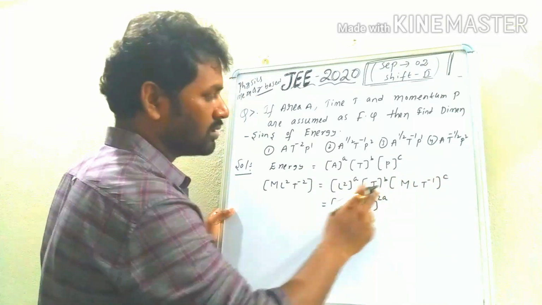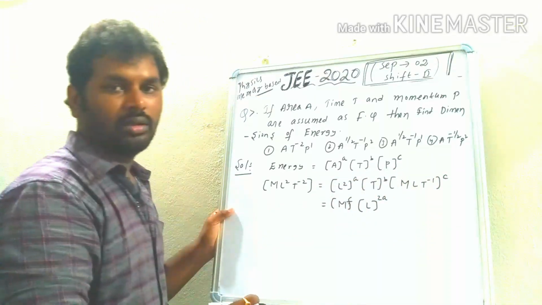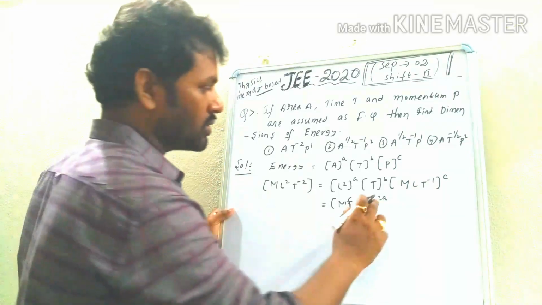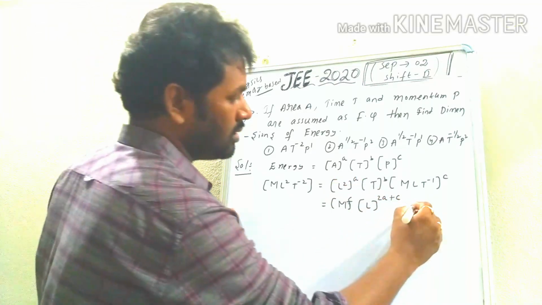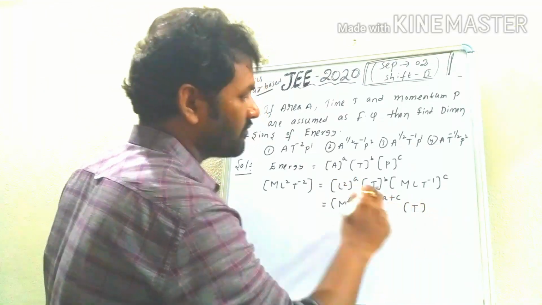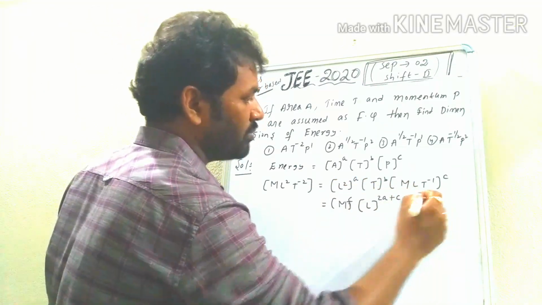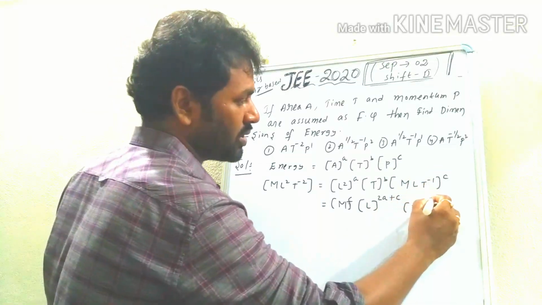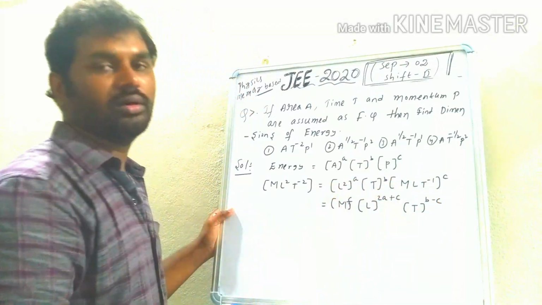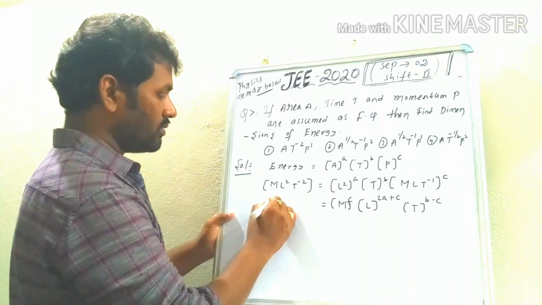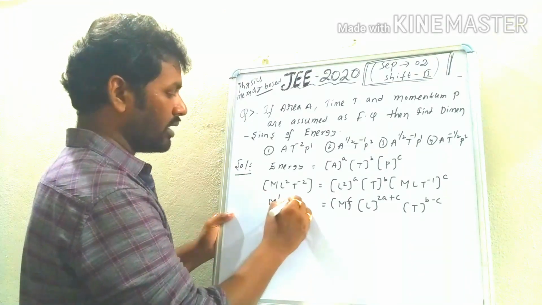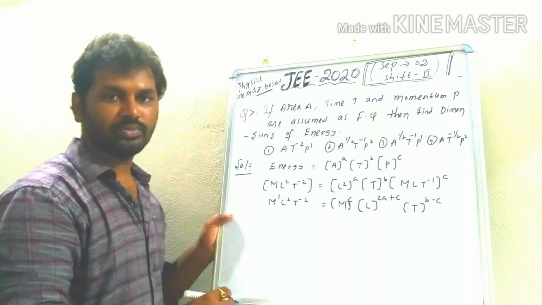As the bases are common, you can add the indices, so 2a plus c. Similarly, time: T to the power of b, and here it is minus c, so it comes as T to the power of b minus c. On the left side, we have got M power 1 L square T power minus 2.